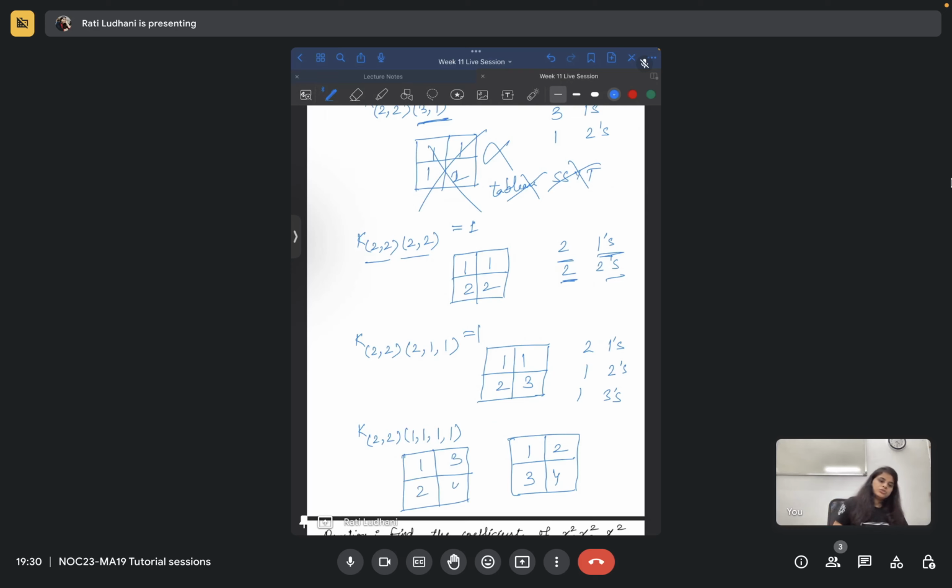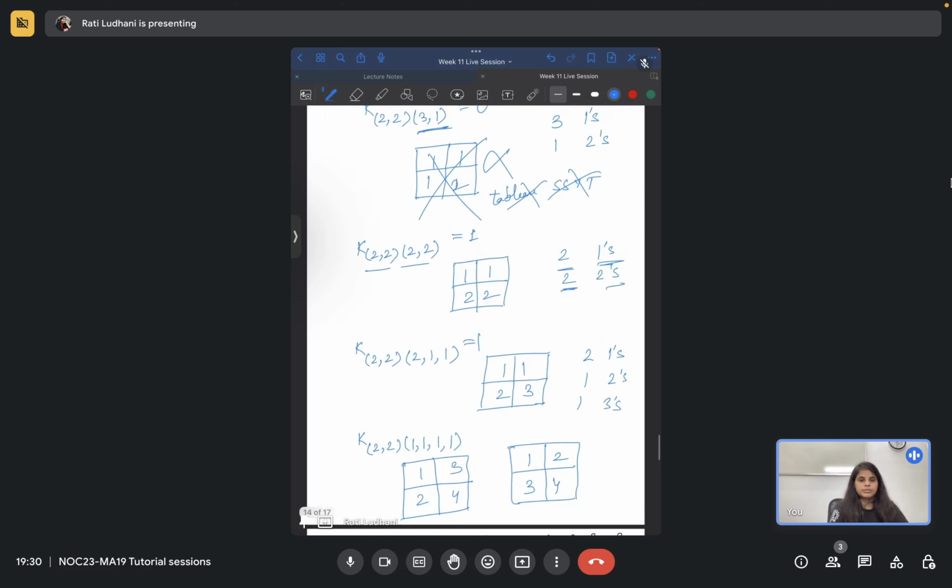So 4 will be in the end, because there is no other option, and 1 will be in the first square. The only option is that 2 and 3 could be switched, and that is a possibility because it is increasing, there's no issue, right? Yes, ma'am.